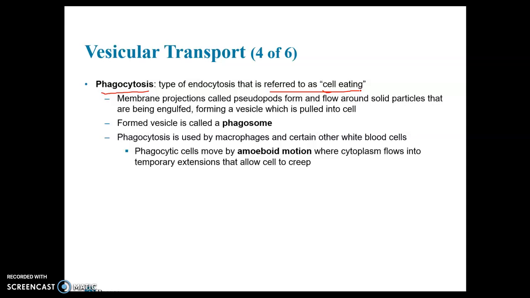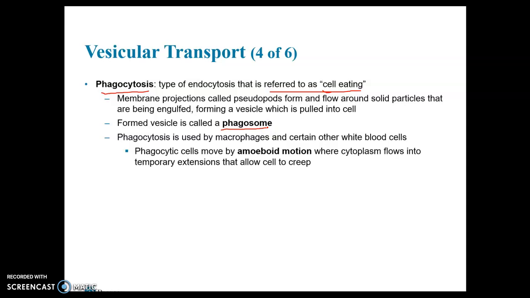Membrane projections, actually called pseudopods, flow around the solid particles and form a vesicle, and then pull that solid particle into the cell. The vesicle that contains the solid particles that's now inside the cell, we call that the phagosome.